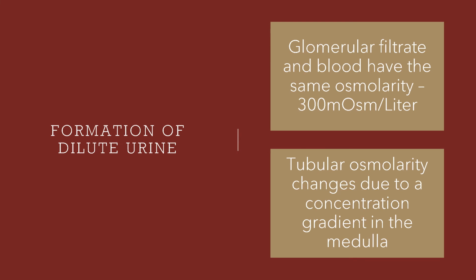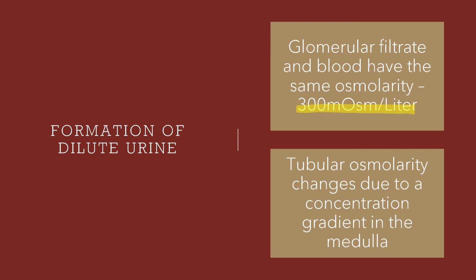Glomerular filtrate has the same ratio of water and solute particles as blood does. Its osmolarity is about 300 milliosmoles per liter. So fluid leaving the proximal convoluted tubule is still isotonic to blood plasma.